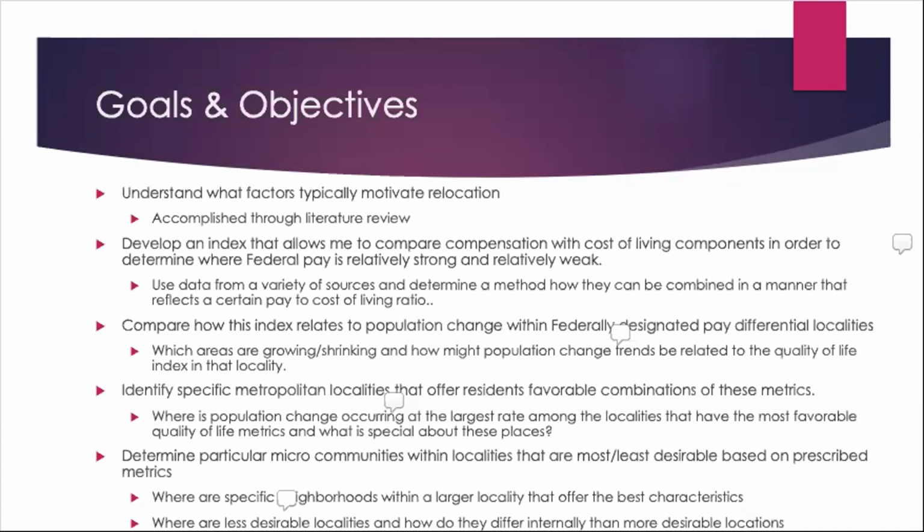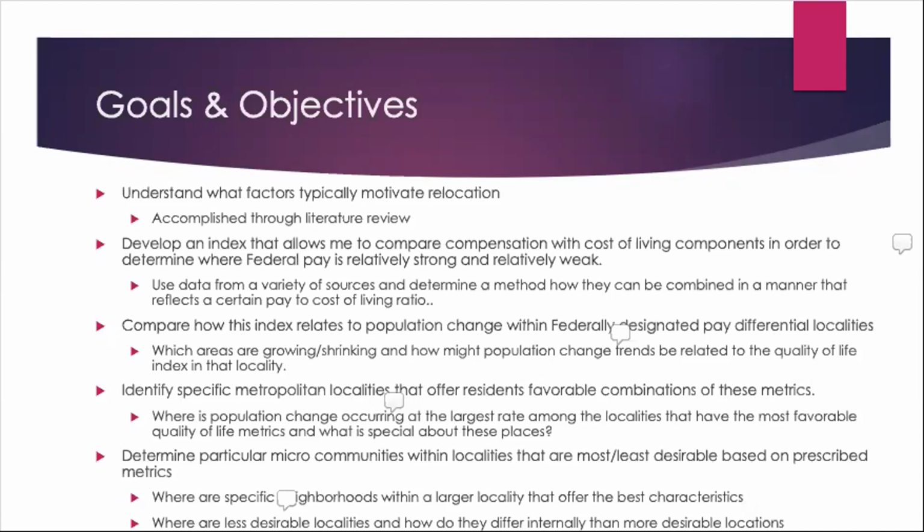I'm going to be using data from a variety of sources to determine a method and how they can be combined in a manner that reflects a certain pay to cost of living ratio. And I want to compare how this index relates to population change within federally designated areas and federally designated pay localities.